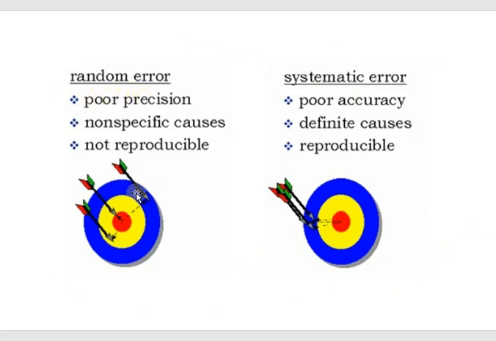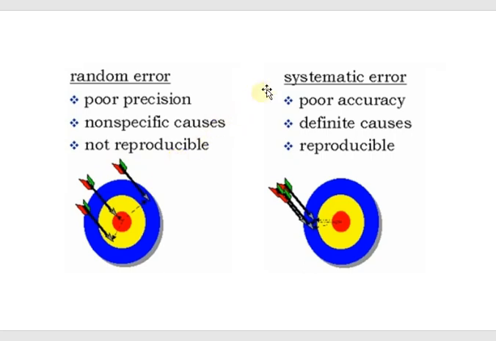In random error, there is poor precision as the answers are not close together, but on taking their average, the answer is approximately accurate. Non-specific cause. The cause is not known. The values have too much difference between them.